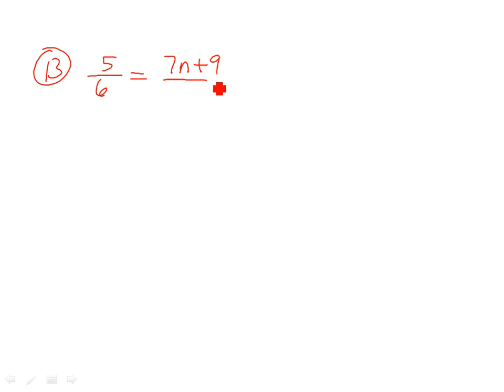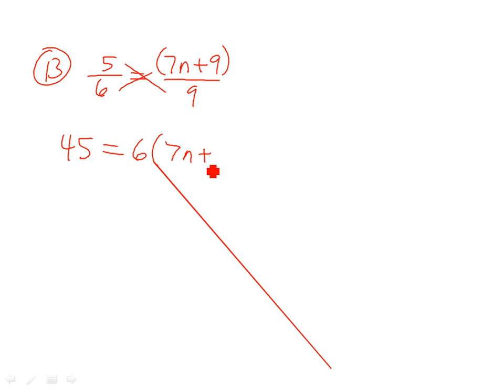Yesterday. Yeah. As soon as you see you have a binomial up here, what did I tell you to do with it? Put parentheses around it, cross multiply. What are these called again? Extremes. Gives you 45. What are these other two called? Means. Distribute. 45 equals, what's 6 times 7? 42.